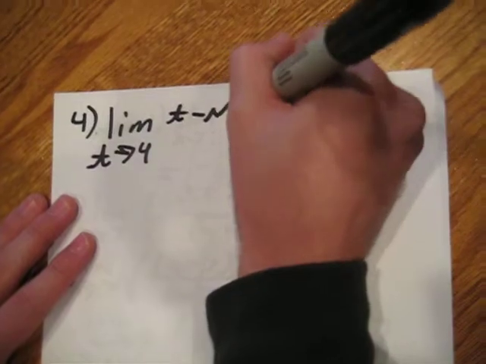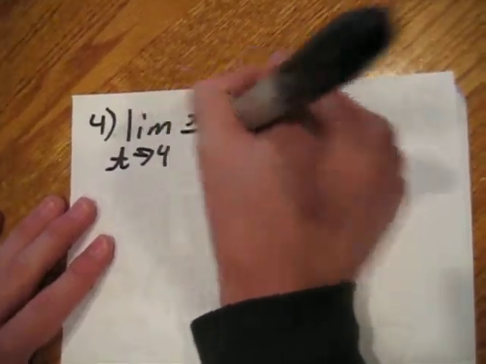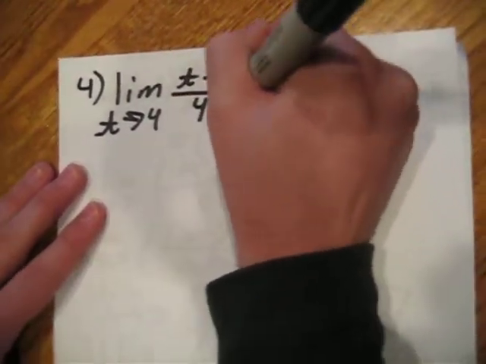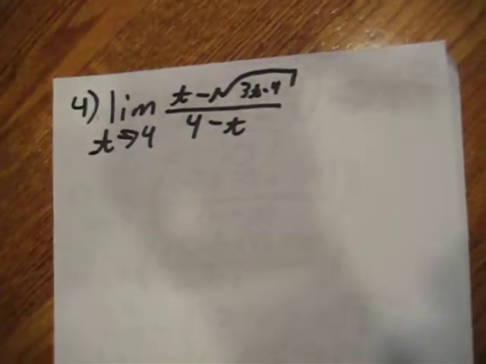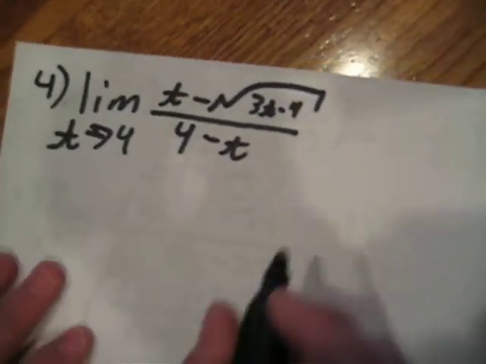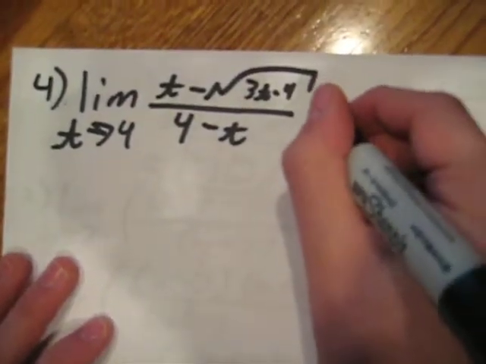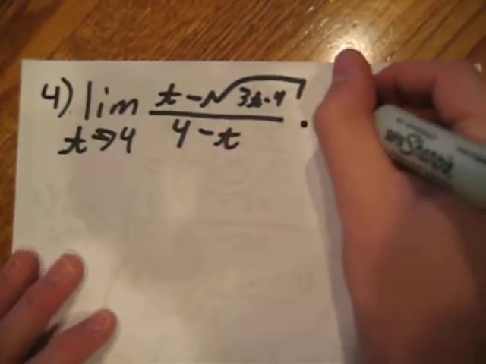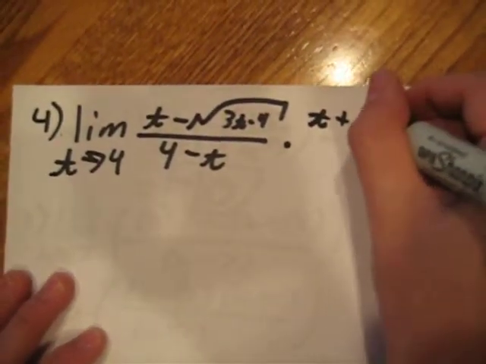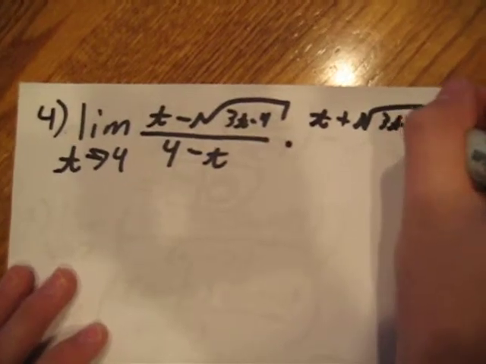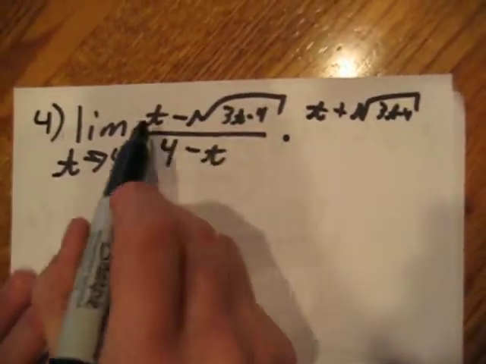Limit as t approaches 4 of t over root 3t minus 4, over 4 minus t. Okay, so we're going to need to multiply this by t plus root 3t minus 4, which is the opposite of this.